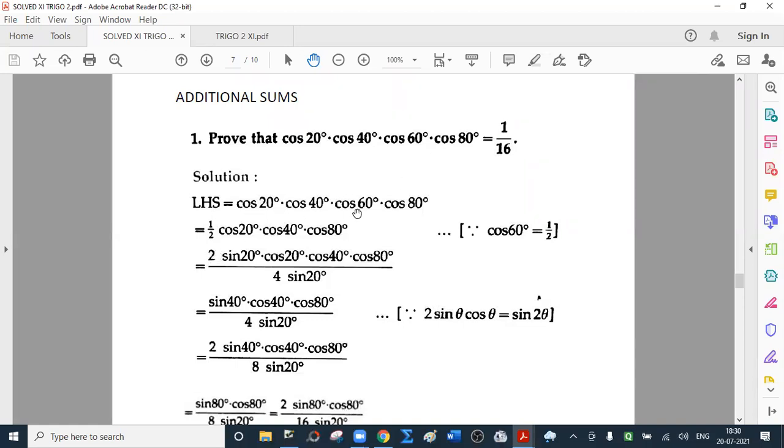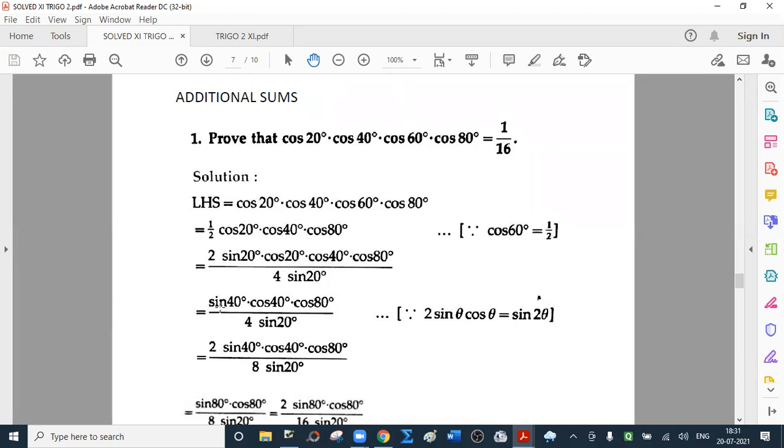Now, begin with LHS. What is cos 60 degree? Half. So, what remains is cos 20, cos 40 and cos 80. Now, multiply numerator and denominator by 2 sin 20. So, 2 sin 20 cos 20. When I say 20, by that I mean 20 degree. It is sin 40 degree. Why? 2 sin theta cos theta is sin 2 theta.